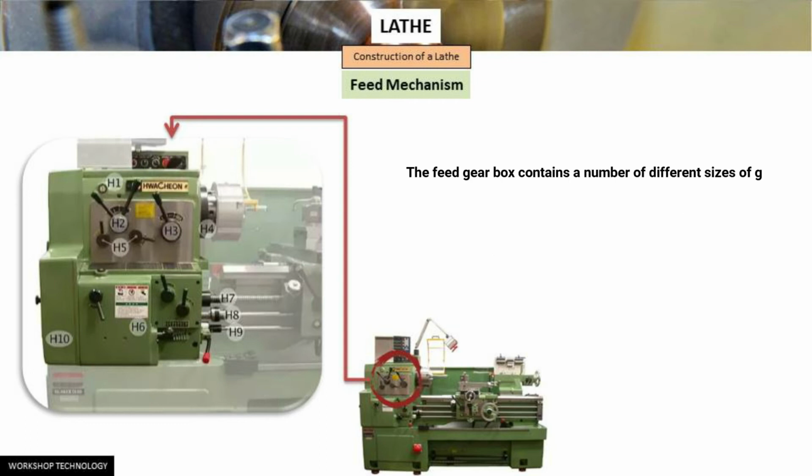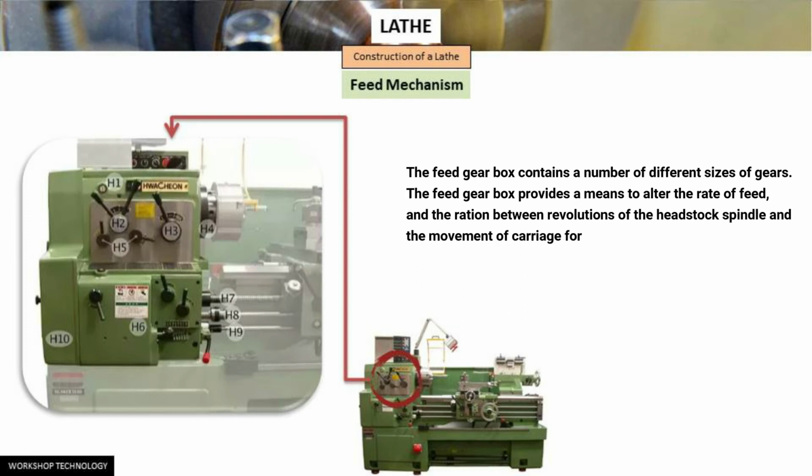The feed gearbox contains a number of different sizes of gears. It provides a means to alter the rate of feed and the ratio between the revolution of the headstock spindle and the movement of the carriage for thread cutting, by changing the speed of rotation of the feed rod or the lead screw.